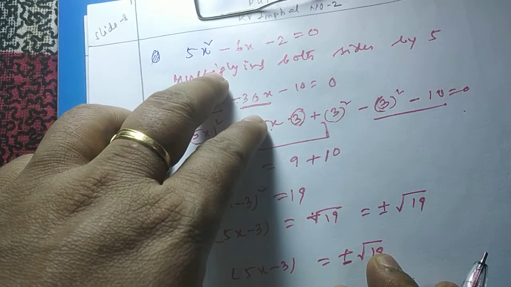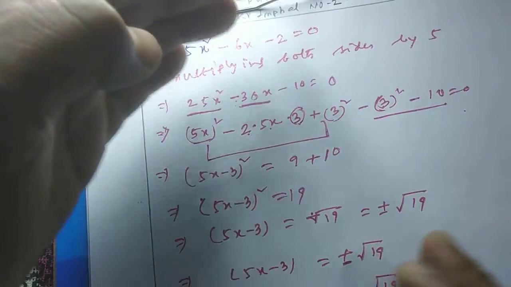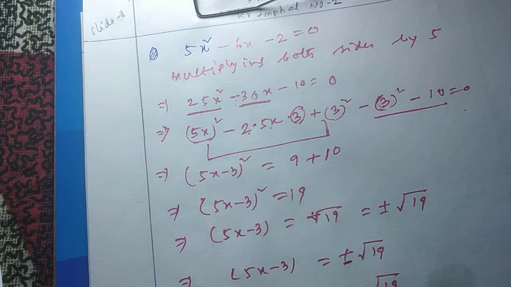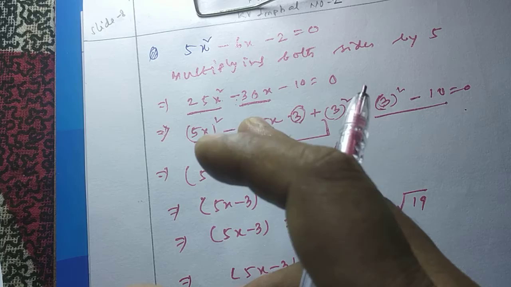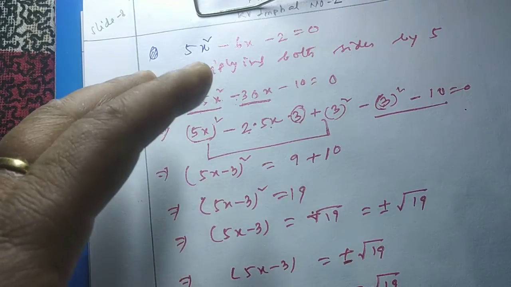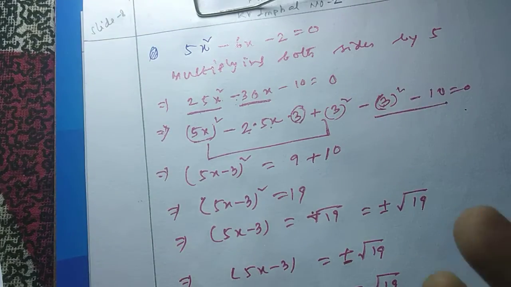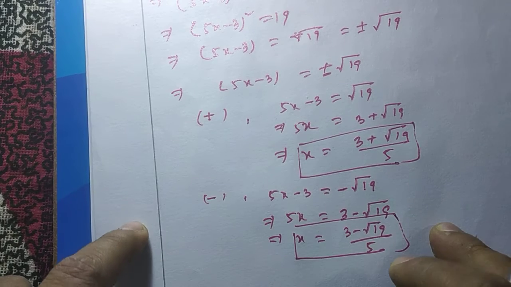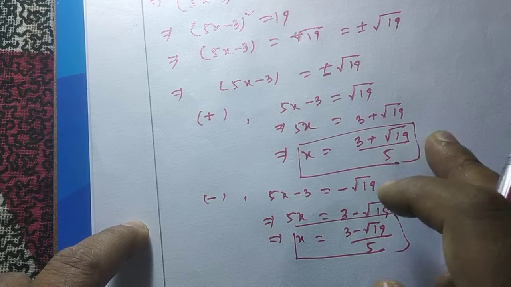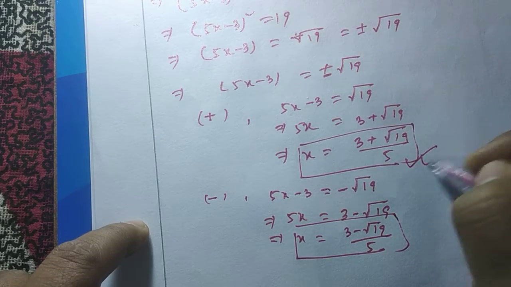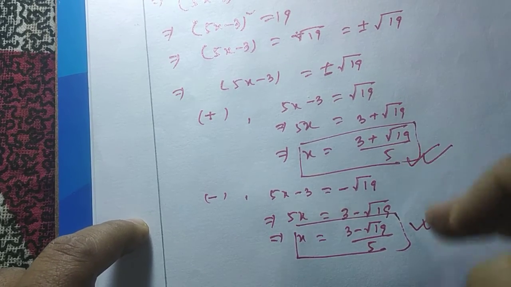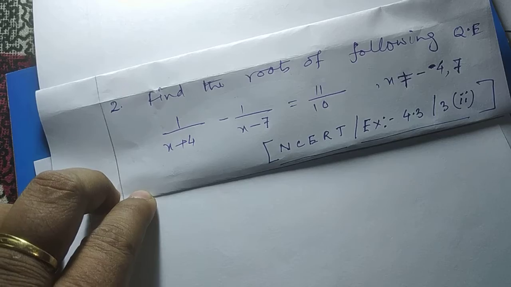If we divide by 5 on both sides, the same result will come, no issue, but it will be too long. But here we have solved by multiplying by 5 on both sides. It becomes so easy. So in this way we get the two roots for the given quadratic equation by the completing the square method. These are the two roots we have found.